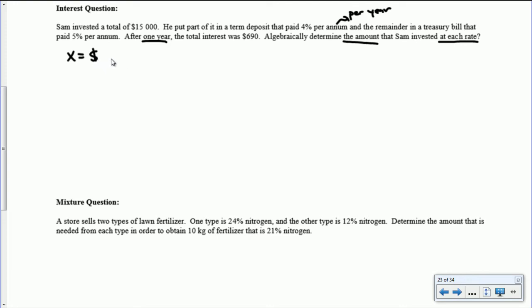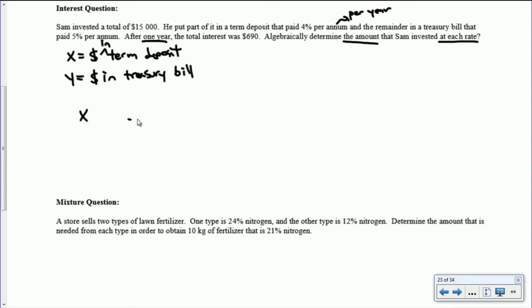We'll let X be the amount of dollars in the term deposit, and we'll let Y be the amount of money in the treasury bill. So we invested a total of $15,000, some of it in term deposit and some of it in a treasury bill. Suppose he invested the entire amount in the term deposit.